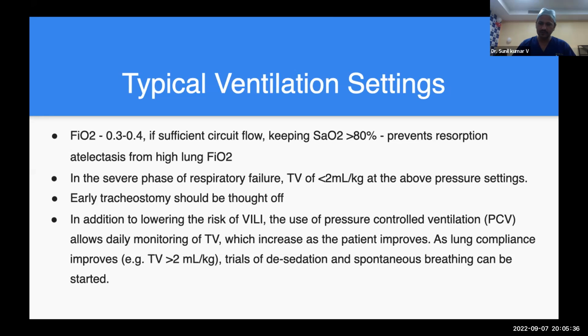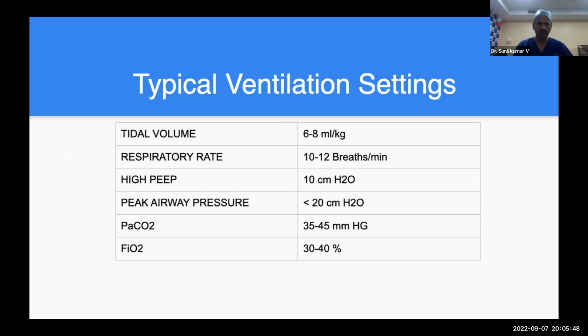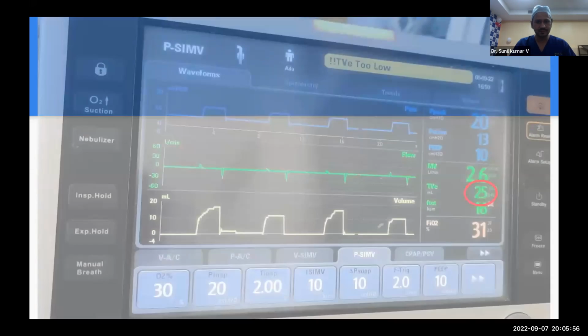In other words, as the compliance increases, we can even think about trials of desedation, and spontaneous breathing can be started. These are the typical ventilatory settings, as I said previously.